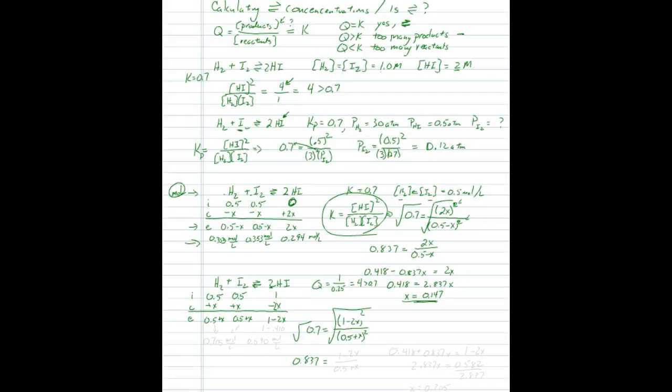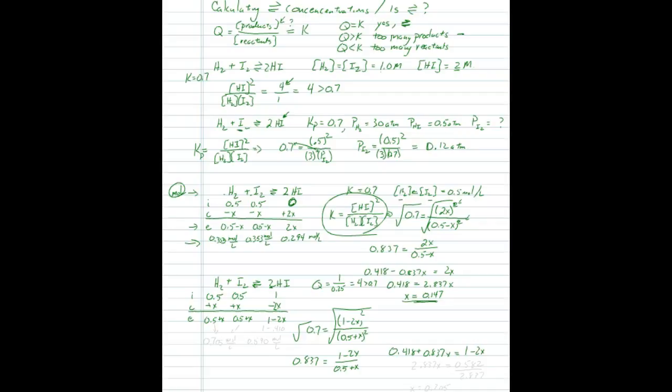0.837 equals 1 minus 2x over 0.5 plus x, cross multiply. 0.418 plus 0.837x equals 1 minus 2x.